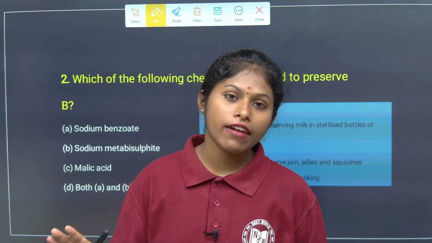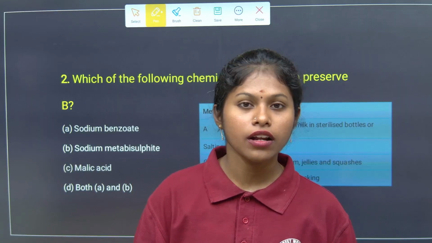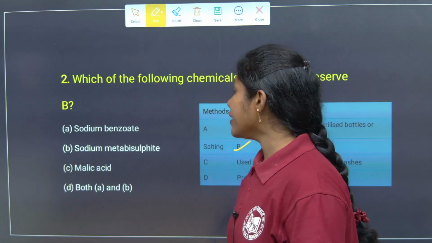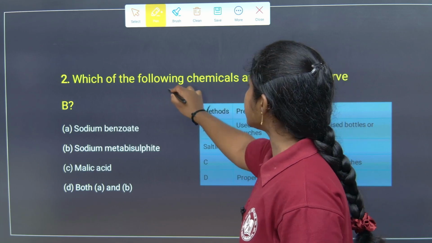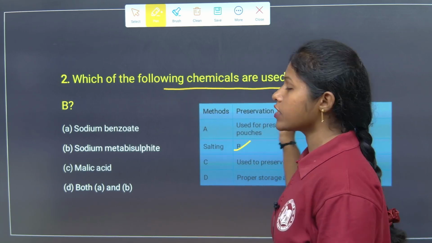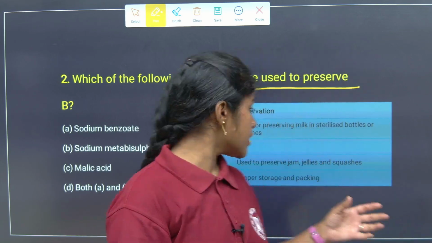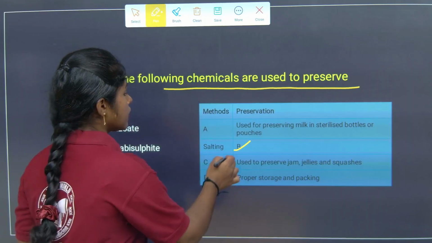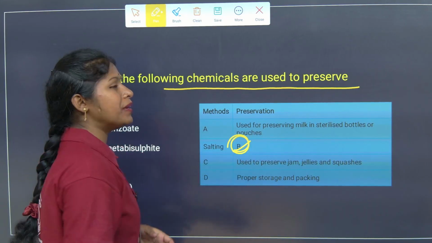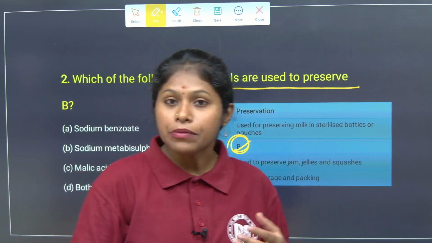So which chemicals are they asking about? They are asking about chemicals used to preserve beef, which means salting, for the preservation of meat and fish. What chemicals are we going to use?